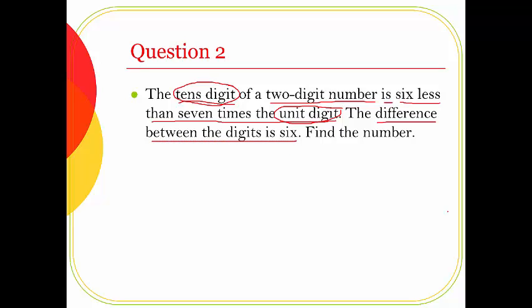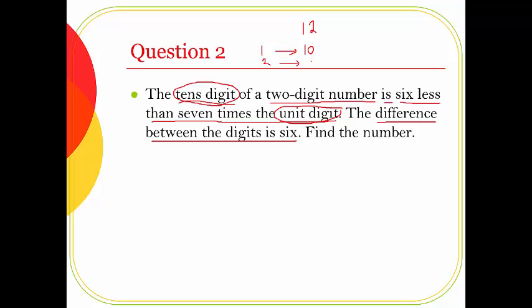So this is a 2-digit number, right? Do we know the 2-digit number? We do not. So let's just say the 2-digit number to be XY. You know, a 2-digit number, like it might be 12. 1 is the tens digit and 2 is the unit digit. Remember, if you have a 2-digit number like 12, 1 is the tens digit, and then 2 units.